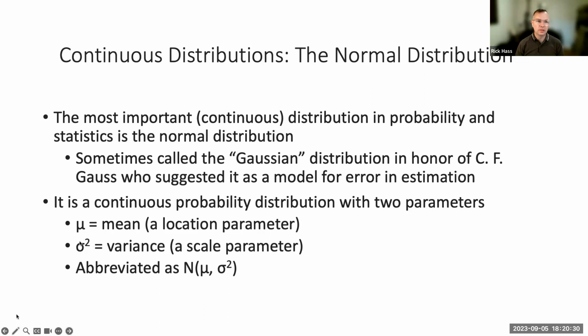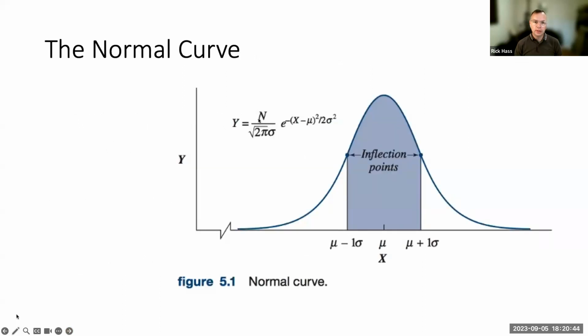People get a little confused about that, so we'll discuss that. We often abbreviate a normal distribution as capital N, and then we put numbers for the parameters in parentheses. So this is its graph. It's an ugly looking equation that you will never have to use.